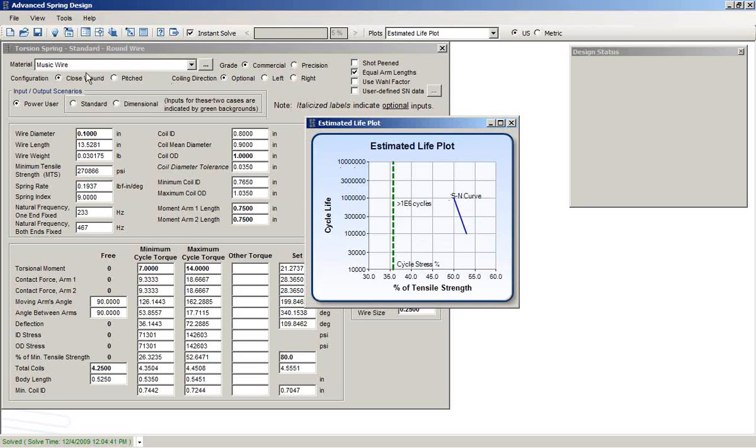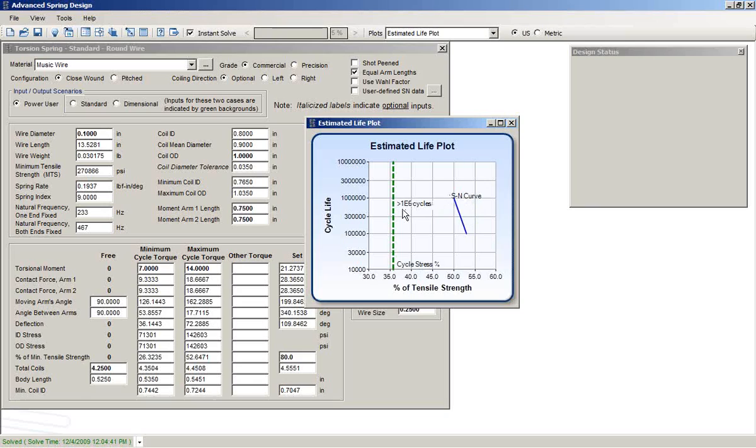So for this music wire example, at 1 million cycles, the percent of tensile strength is 50%, and at 100,000 cycles, it looks to be at about 53%. So that's the SN curve for this particular example.